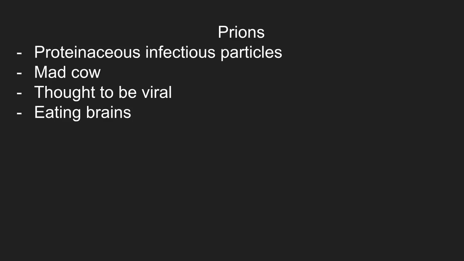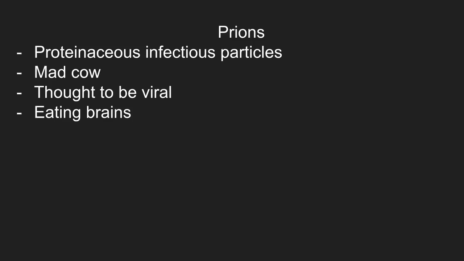So lastly, we have prions, or proteinaceous infectious particles. When you think prion, you should be thinking stuff like mad cow disease or bovine spongiform encephalopathy, as it's also called. They're transmitted by eating the brains of cows, and they were once thought to be viral. They are no longer thought to be viral.